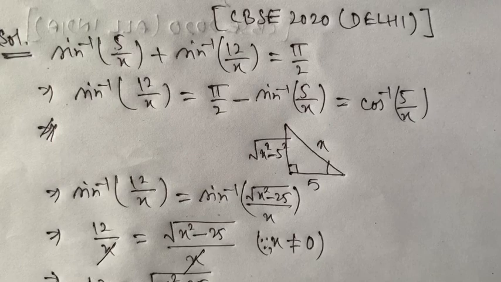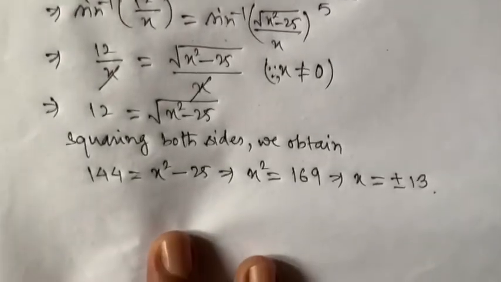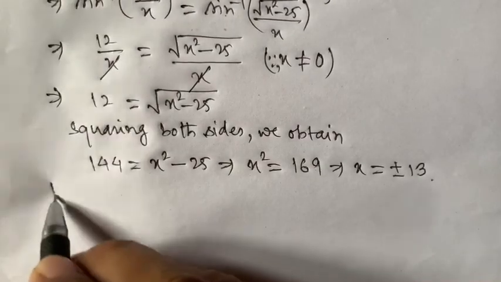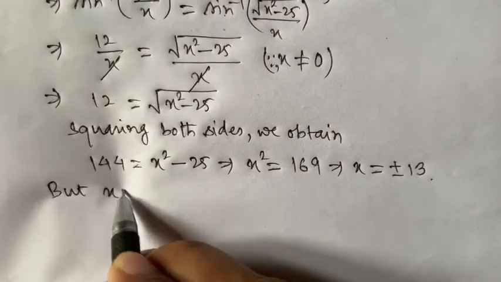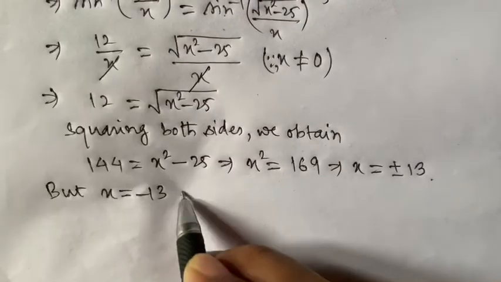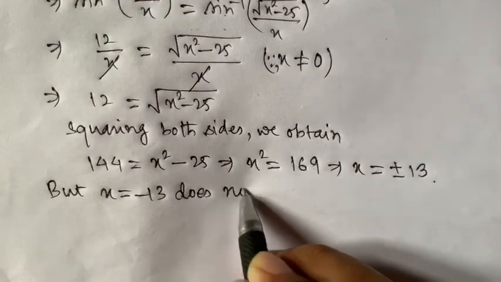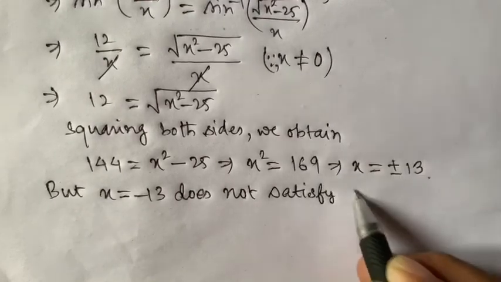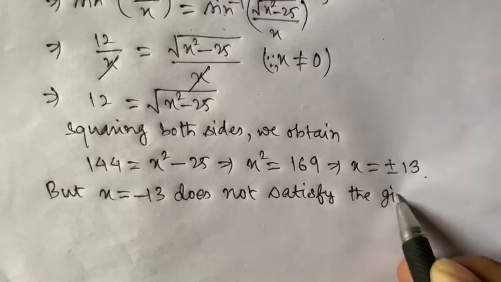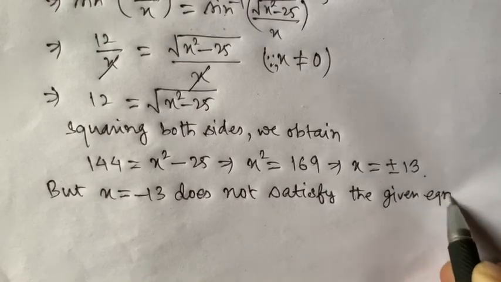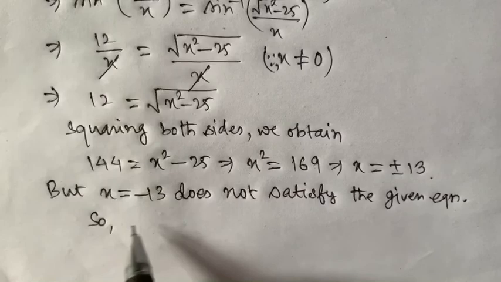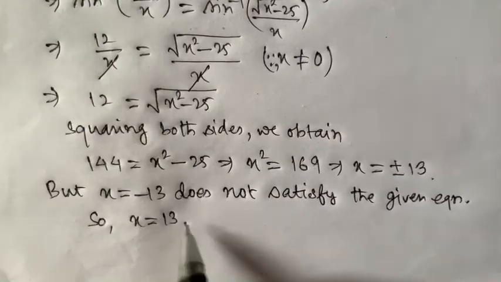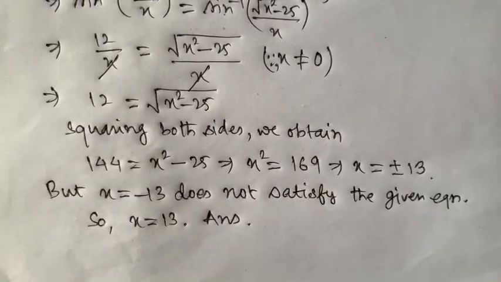So we will take 13 as its admissible value. x is equal to minus 13 does not satisfy the given equation. So x is equal to 13 is the answer.